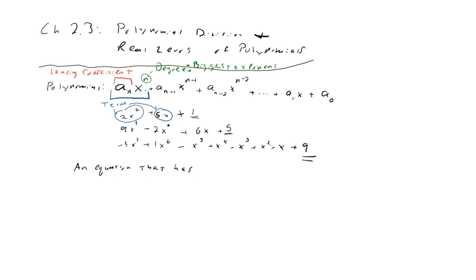So a polynomial is an equation that has many terms added together that starts with the biggest exponent and goes down from there, down to a constant.